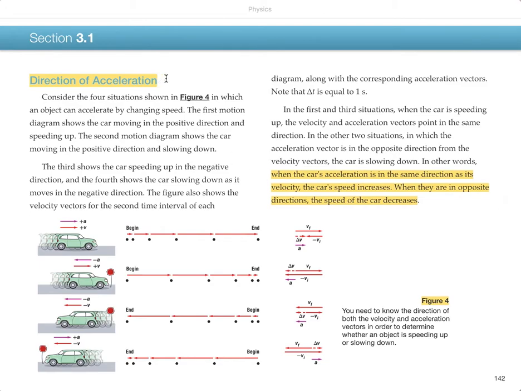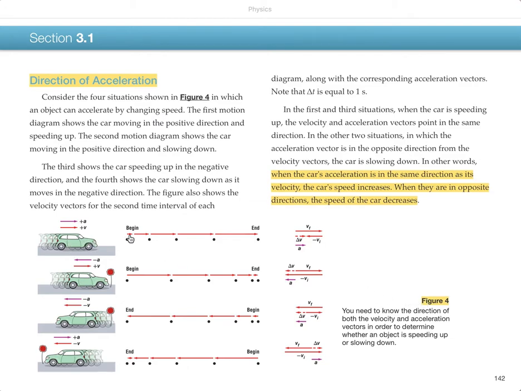So how in general do you find the direction of acceleration? The common misconception physics students have is that positive acceleration means you're speeding up and negative acceleration means you're slowing down. That is wrong. This page, and specifically figure 4, is what you need to know.